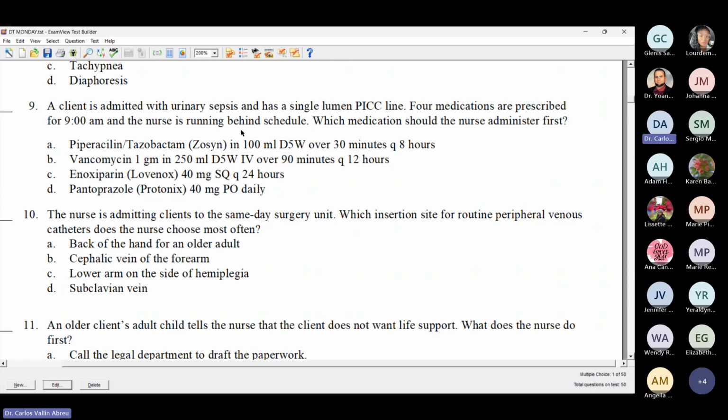Four medications are prescribed for 9 a.m. and the nurse is running behind schedule. Which medication should the nurse administer first? So I have piperacillin, tazobactam, and L is missing here. The brand name Zosyn is very commonly administered for sepsis.